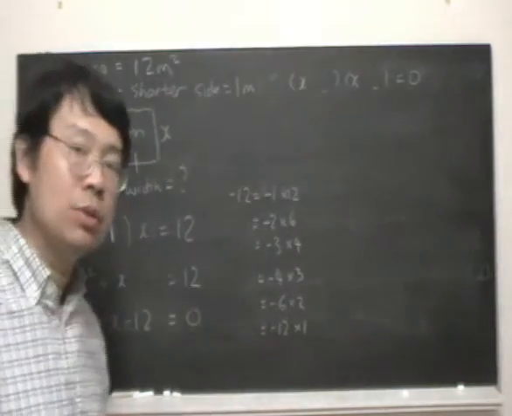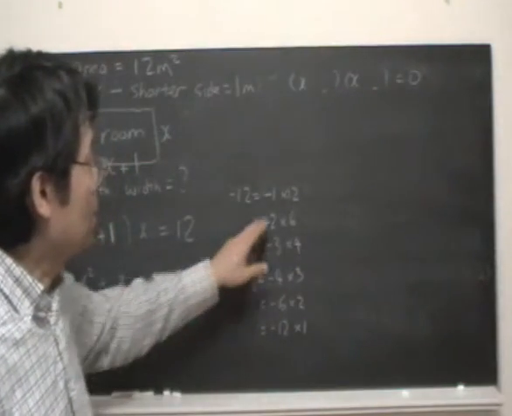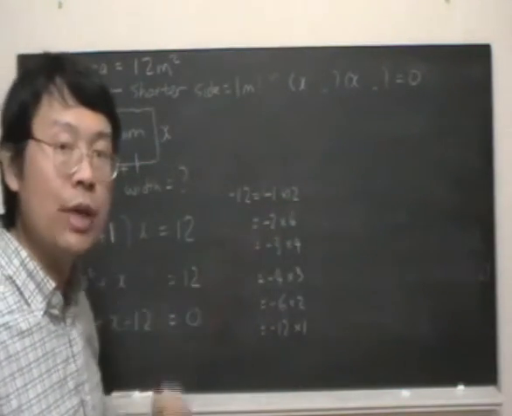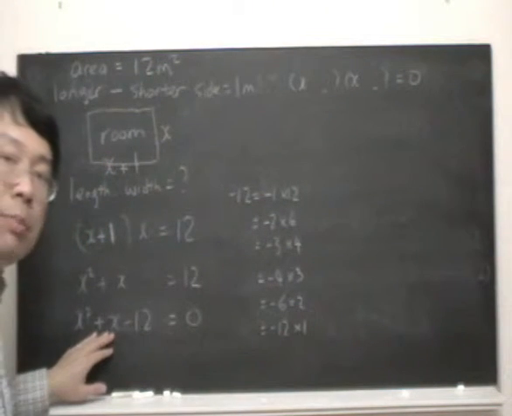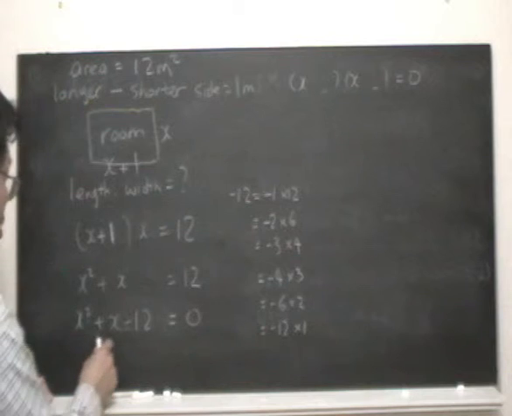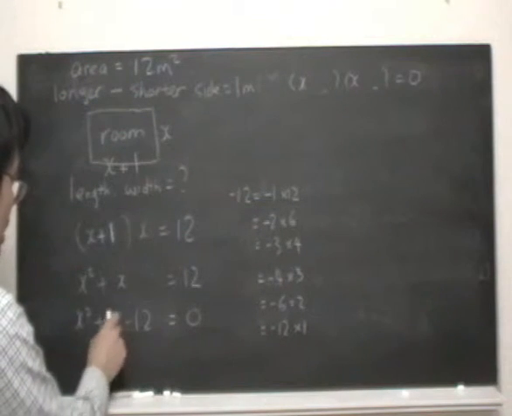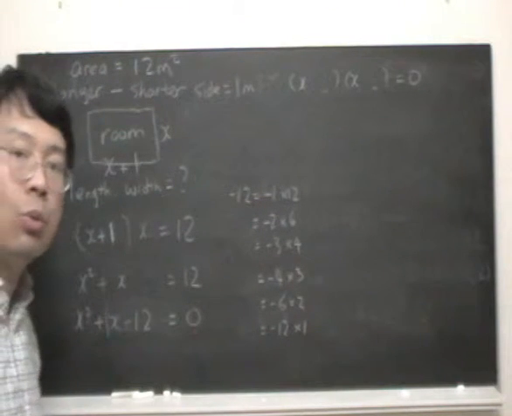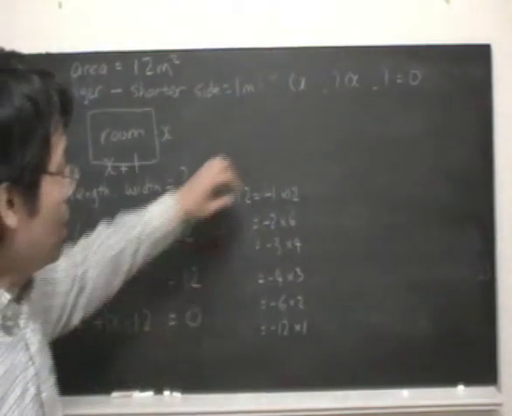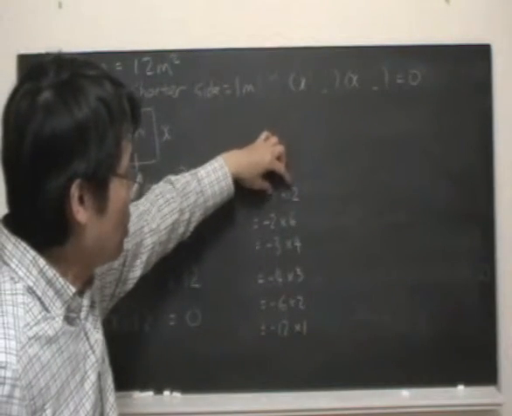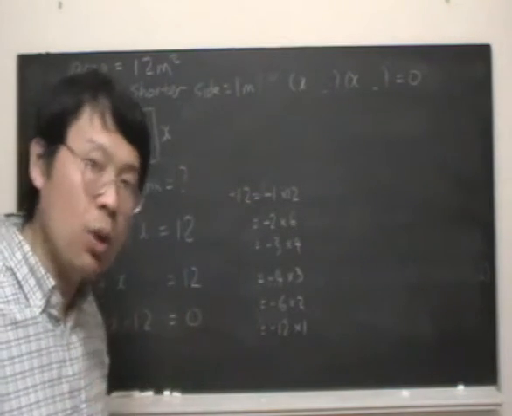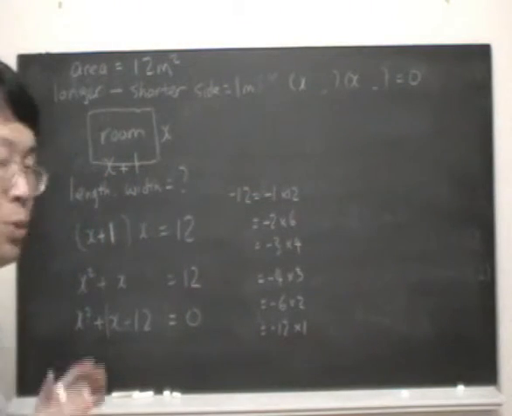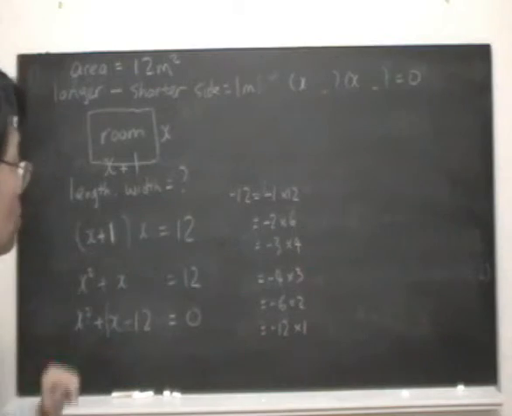And the way to choose is that the sum of the two factors must be equal to the number in front of x. In this case, it's just plus x, so that means plus 1x. So we need to add each pair of factors together and see which pair gives us 1.